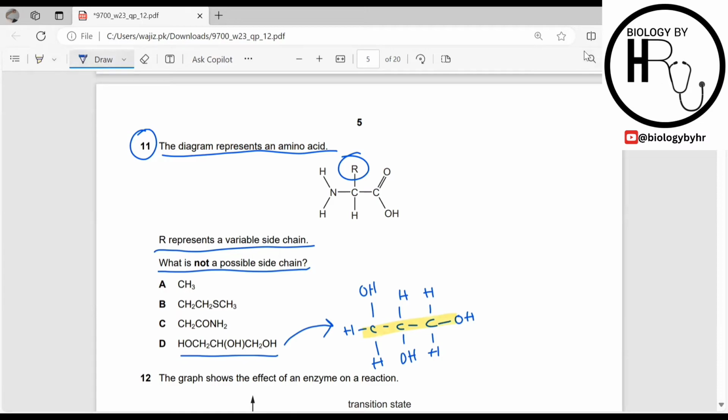If you look at options A, B, and C, there is at least one carbon atom in the chain with three covalent bonds. What this does is allow one bond to be formed to the amino acid as the side chain. Hence, the answer over here is option D, as there is no free covalent bond in any of the carbon atoms over here.